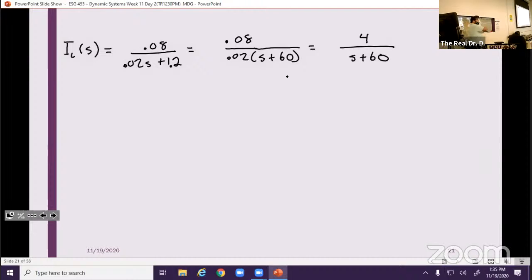Now, hey, that looks like something on the Laplace transform. I don't even have to do partial fractions. I can inverse this one right away. So if I take the inverse Laplace transform of this, I will get I sub L of t. This will be 4 times e to the negative 60 t amps.